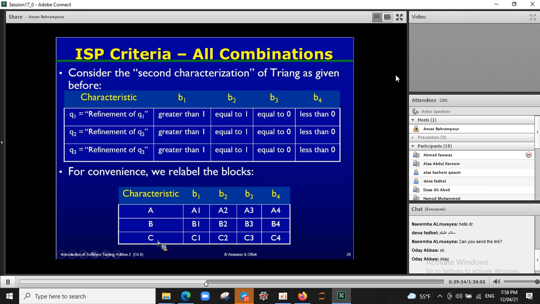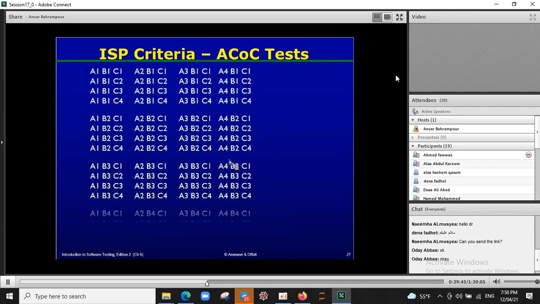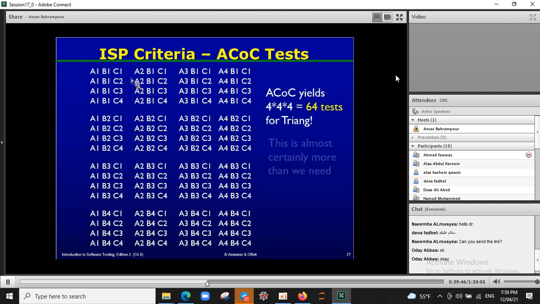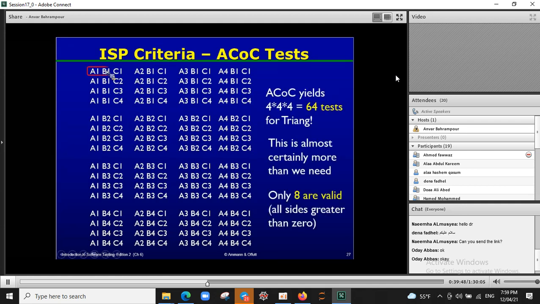This is the same for B and C. So let me go to the next slide and show you all 64 tests.